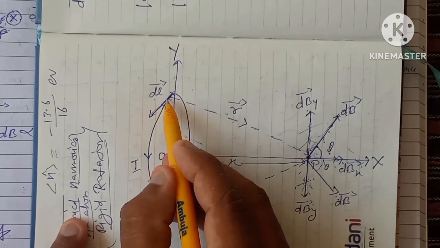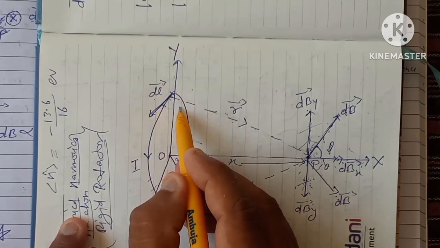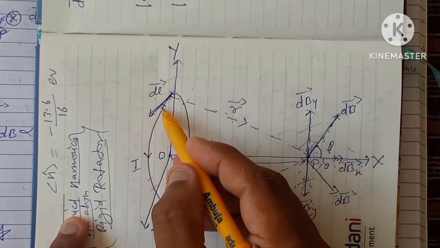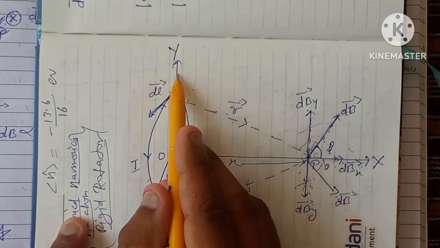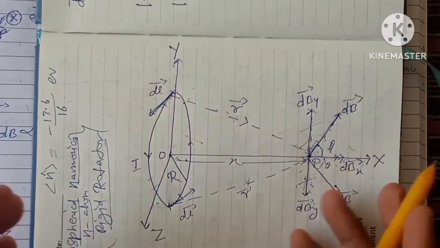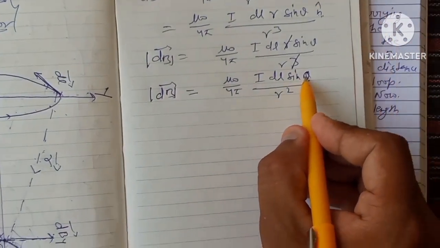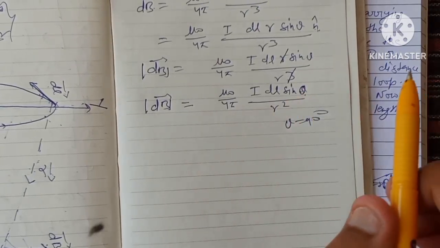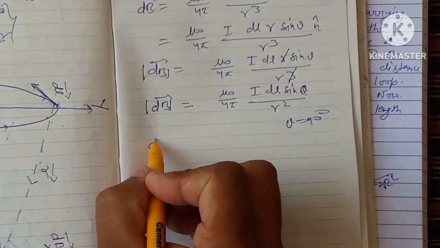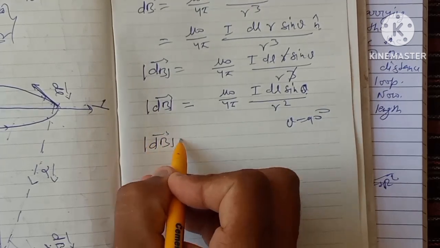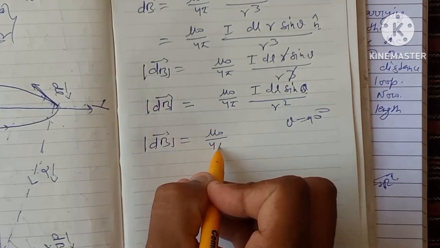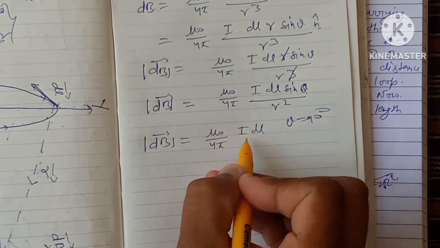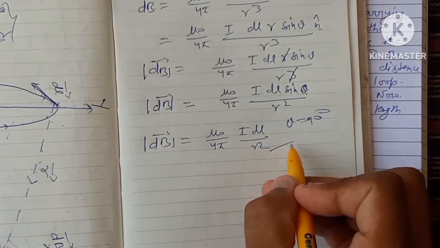So the angle between this dl vector and this r vector will be 90 degrees, because dl vector is in the yz plane and r vector is in the yx plane. So here theta is 90 degrees, and sine 90 is nothing but just 1. So the magnitude of this dB vector is mu naught divided by 4 pi I dl divided by r square. So this is the magnitude.